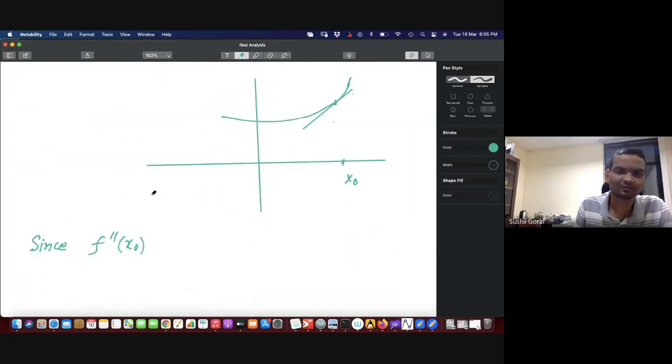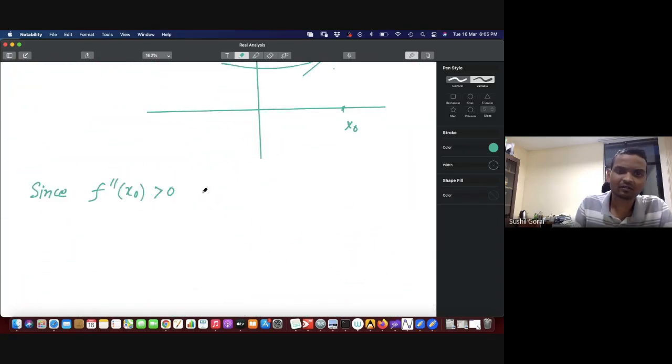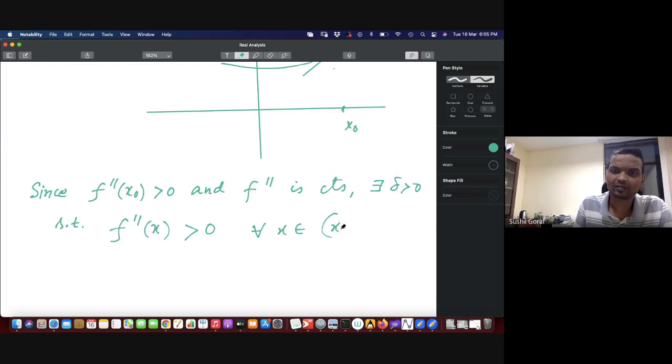Greater than 0. Greater than 0, and f double prime is continuous, there exists delta greater than 0 such that f double prime x is greater than 0 for all x in x naught minus delta to x naught plus delta. All right. So this is true by continuity of f double prime.